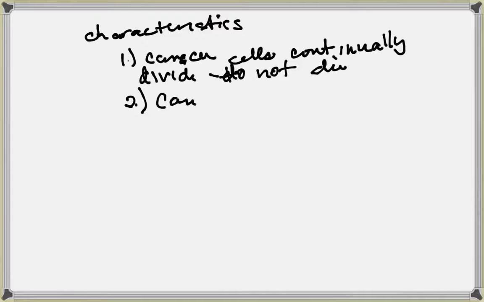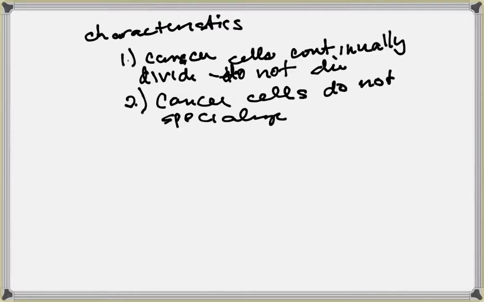Cancer cells don't specialize. So if they don't specialize, that essentially means they do not have the characteristics of the starting tissue.